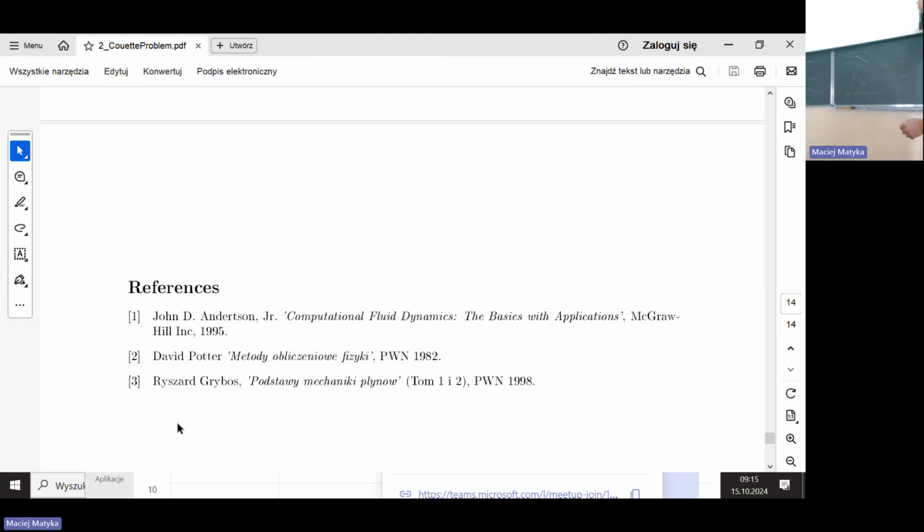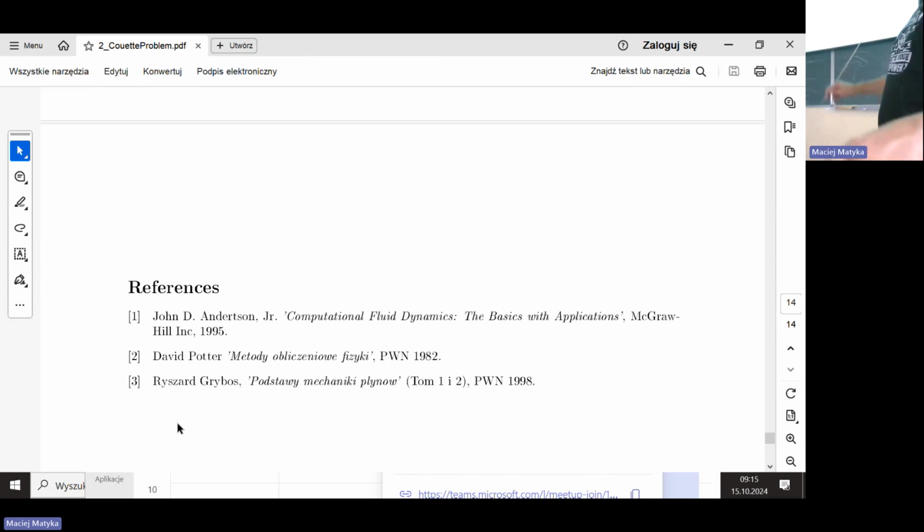The book Computational Fluid Dynamics by John Anderson contains the whole solution that I gave you here in this report. It's not that detailed, so I had to find this and that. But if you are interested, this book is in our library because I bought it some years ago, so it should be there. Might be on my bookshelf, but I don't know. I think I gave it back. And if not, then it's in my office.